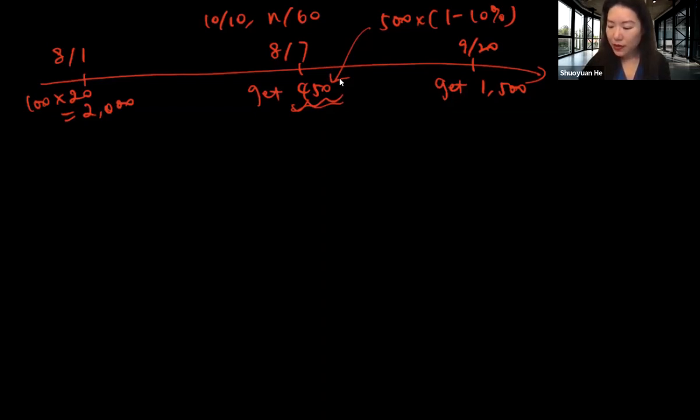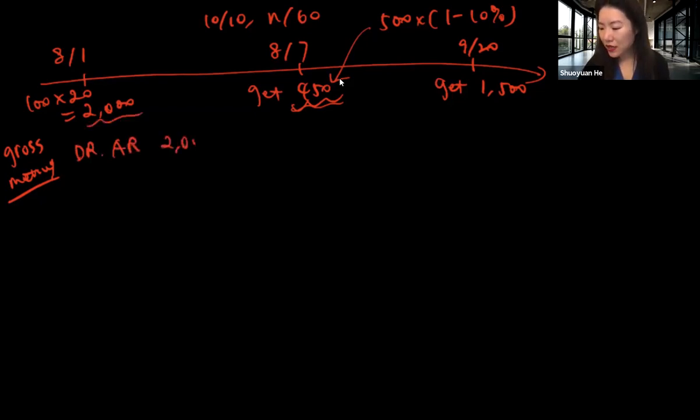So under the gross method, what is my journal entry on August 1st? Debit accounts receivable, I just need to debit the gross amount, 2,000. Credit sales revenue for 2,000. And what if the customer pays back early?